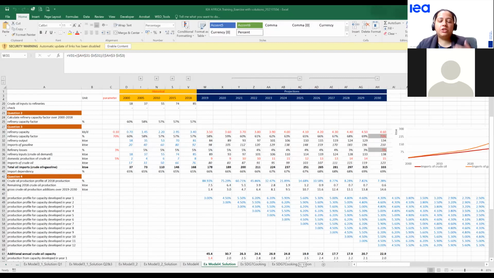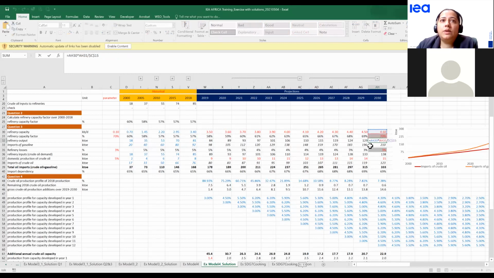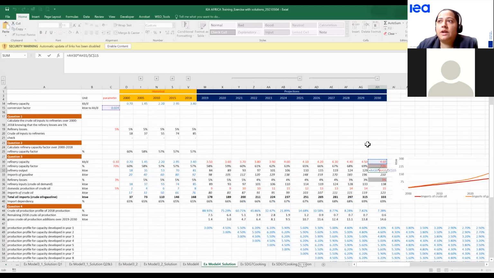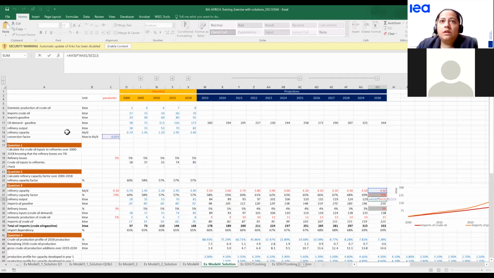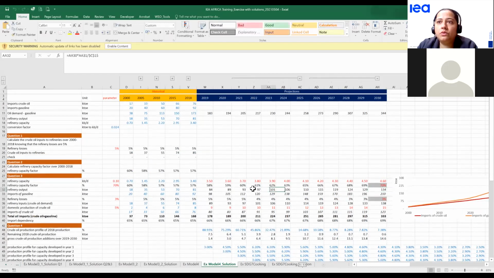So once we have projected the future values of refinery capacities and refinery capacity factors based on the assumptions, we can now deduct the refinery output. So what is the refinery output? For 2030, for example, it's the amount of capacity times the refinery capacity factor divided by the conversion. So you know your refinery output for all the years here, you can calculate it.